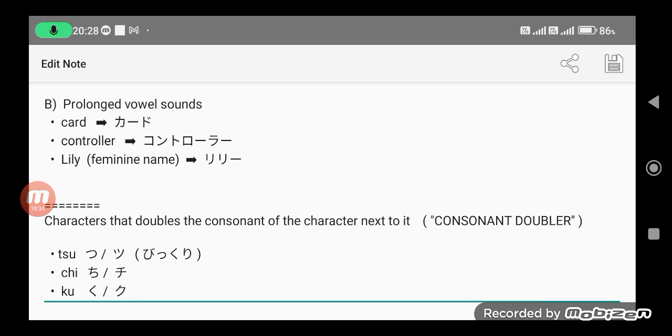So for now, minasan, kokomade desu. Kyou wa kokomade desu. For this lesson, we temporarily halt at this part, and we will go on in our next lesson, 0003.